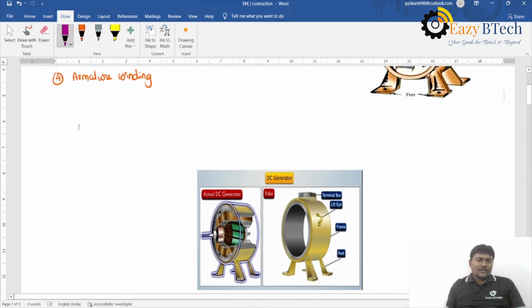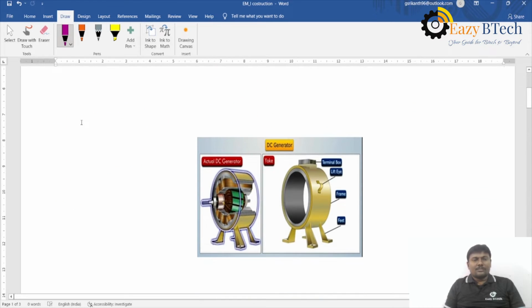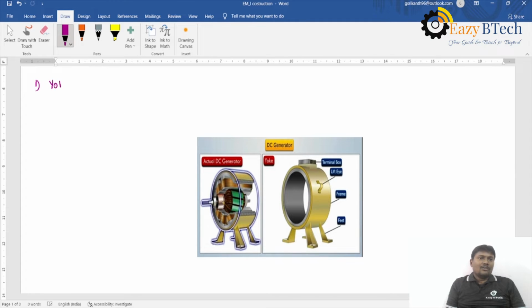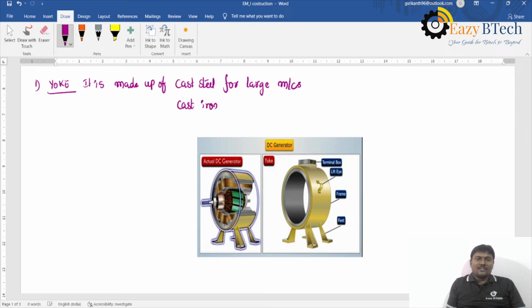What is the purpose of the yoke, and what is the purpose of the pole core and pole shoe? We'll discuss one by one. The yoke is made up of cast steel for large machines and cast iron for small machines, and it should be in a hollow cylindrical shape.